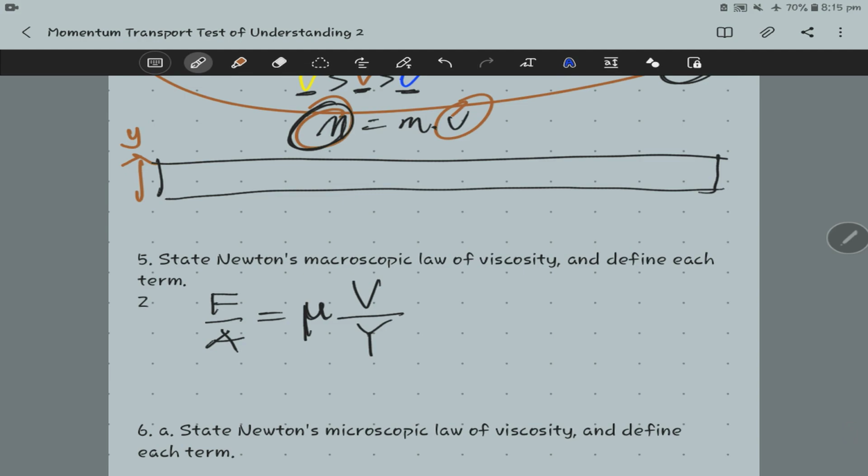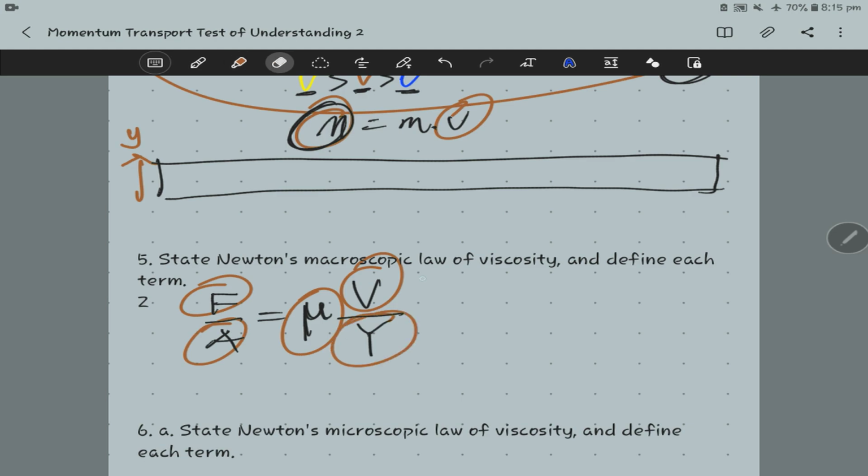And define each term. Here we know this to be the force. We know this to be the cross-sectional area. We know this to be viscosity. What type of viscosity? Dynamic viscosity, right? This is velocity, and this is the distance from the origin, right?